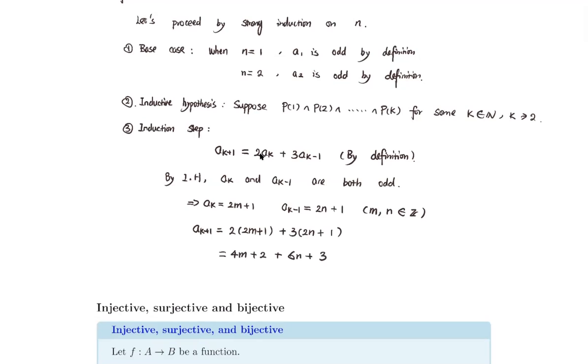You can write it as 2 times (2m plus 3n plus 2) plus 1, which is odd, since we know that 2m plus 3n plus 2 is an integer.